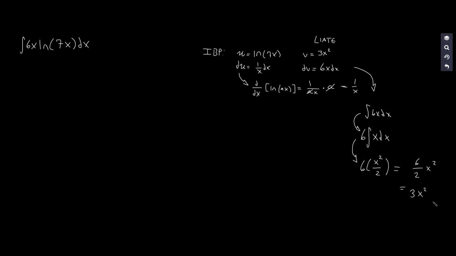And so we just have to apply our formula here. It's going to be the natural logarithm of 7x times 3 times x squared minus the indefinite integral of 3x squared times 1 over x integration with respect to x.